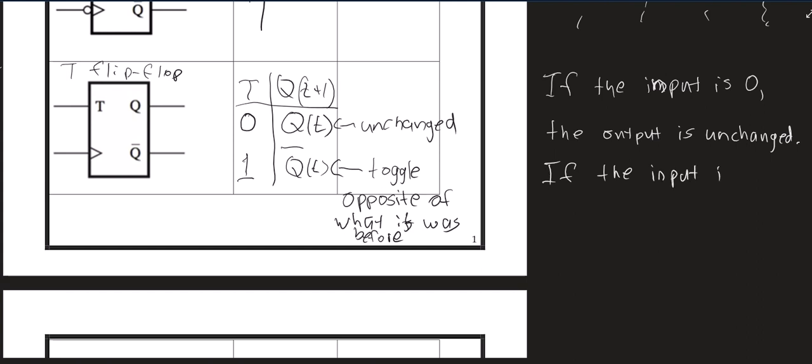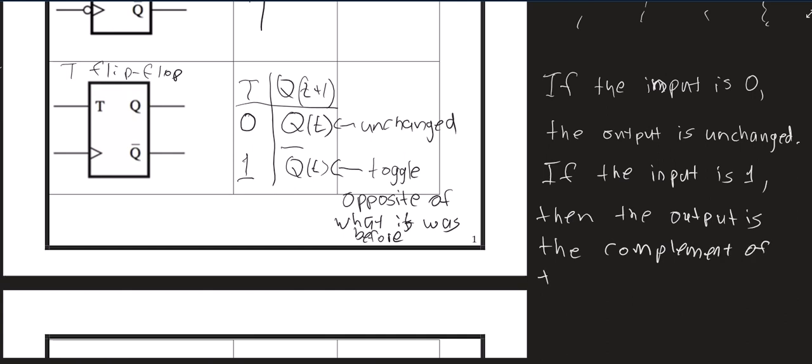If the input is 1, then the output is the complement of the previous output.